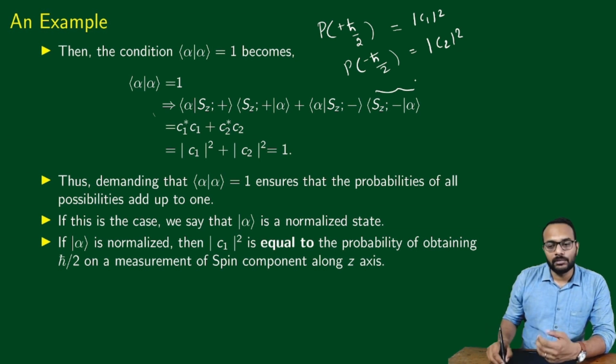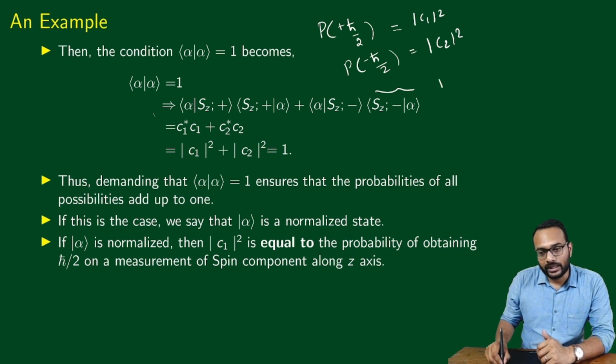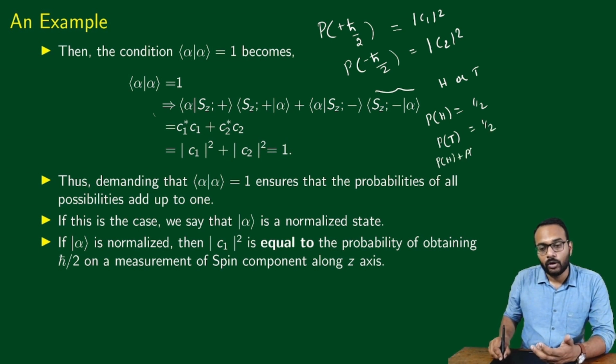For example, if you are tossing a coin, you'll get either head or tail. The probability for getting heads is 50%, or 1 by 2. The probability for getting tail is also 1 by 2. The total probability of all the possibilities should be equal to 1.